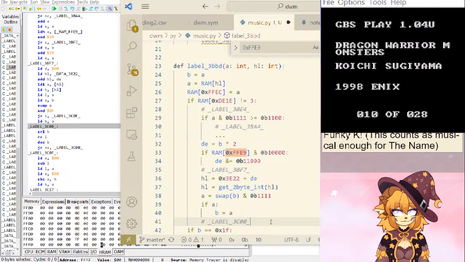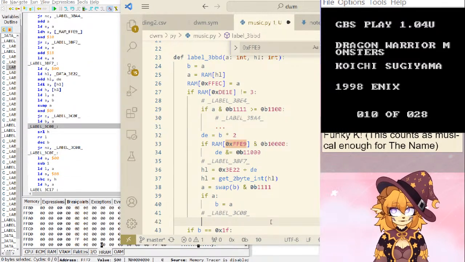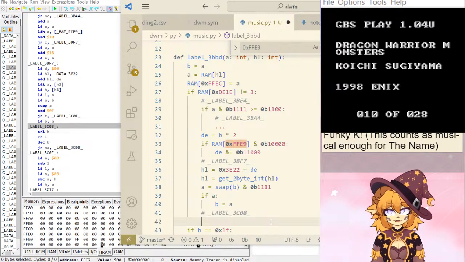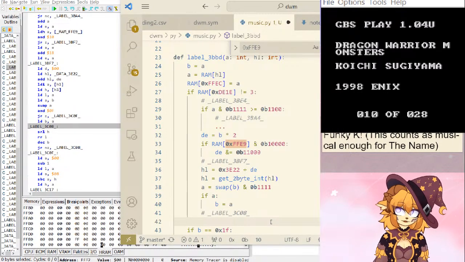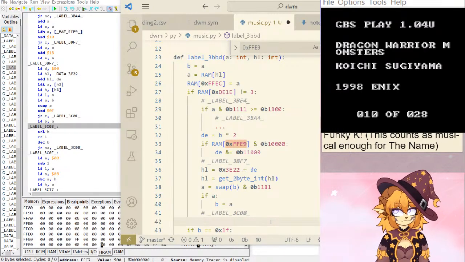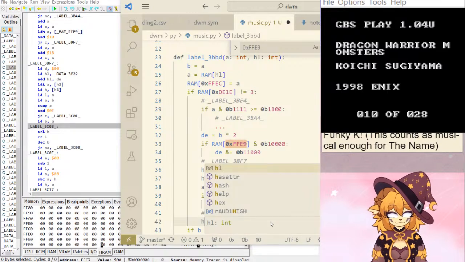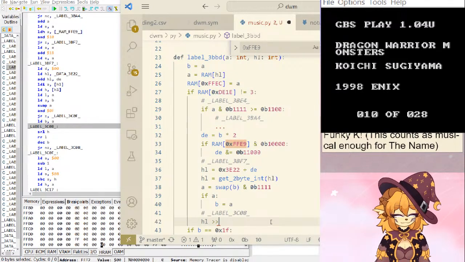Back here. Shift right logically. Rotate right L. Rotate right through C. C goes on there. That's the point. So HL as a whole shifts over by 1.